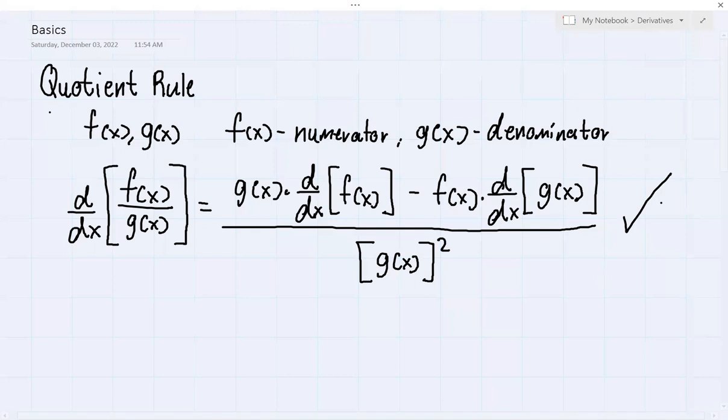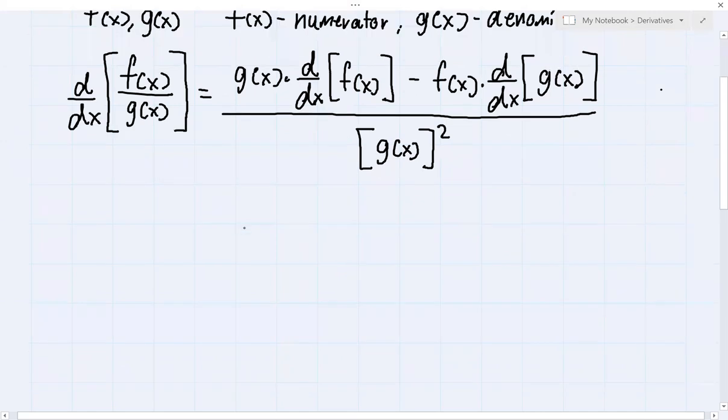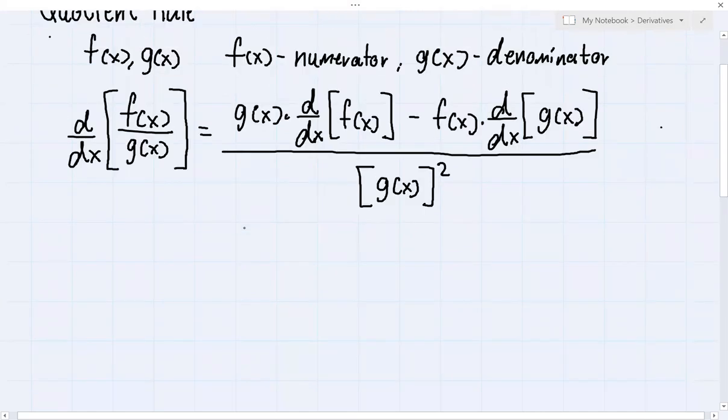But let's try to be creative, so that it's easy for us to memorize and familiarize at the same time. Again, we need to be specific. f of x is the numerator, g of x is the denominator. If you remember the product rule, we have u, v, du and dv.